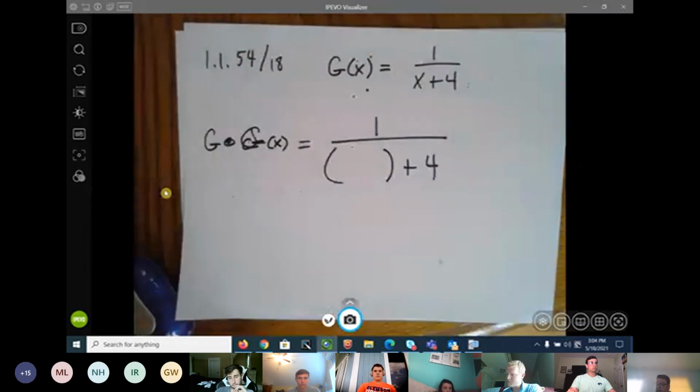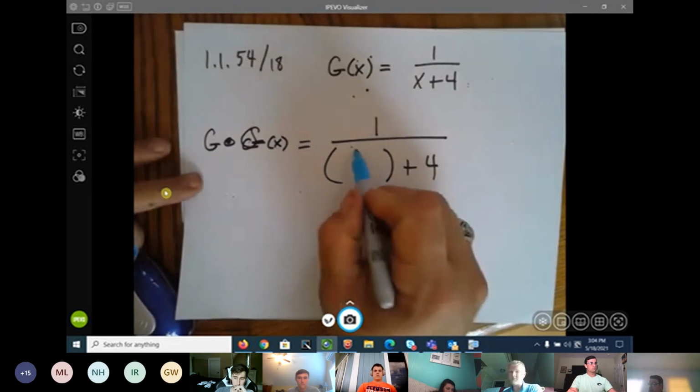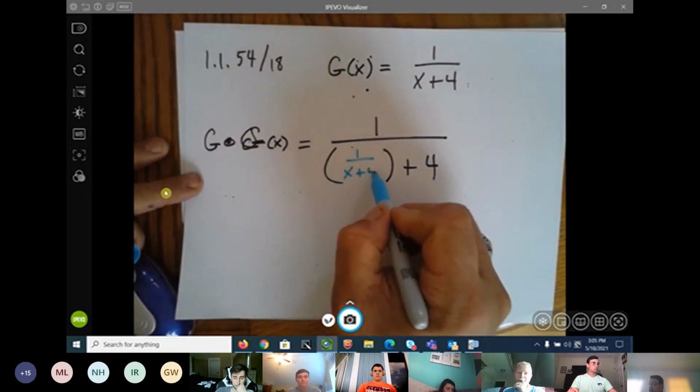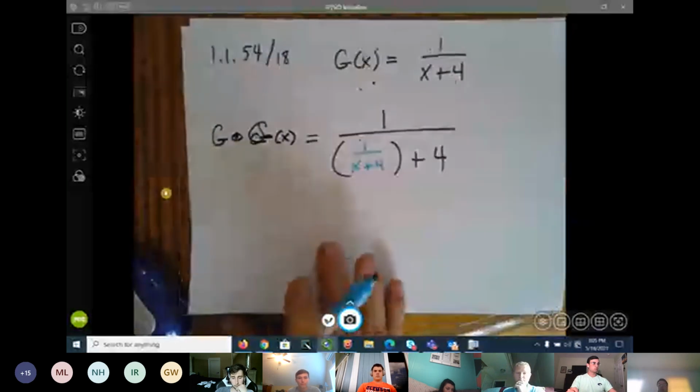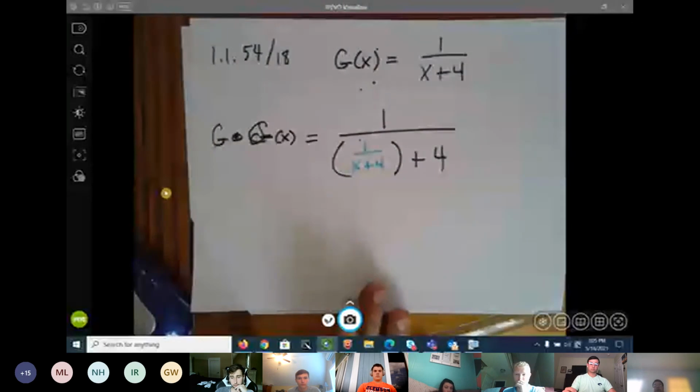And then I'm going to put in here 1 over x plus 4. And this is going to be a complex rational expression, which is not very fun, but I assume they want us to go ahead and simplify it as much as possible.